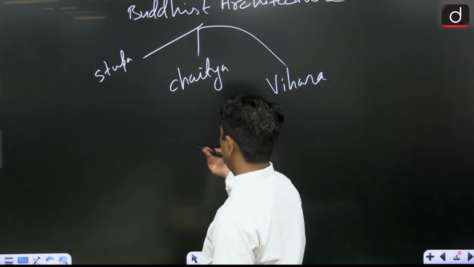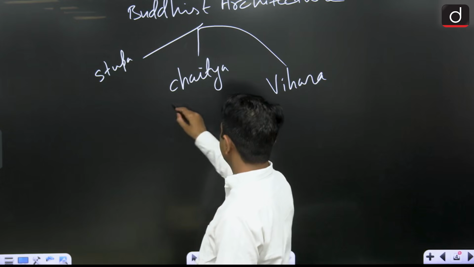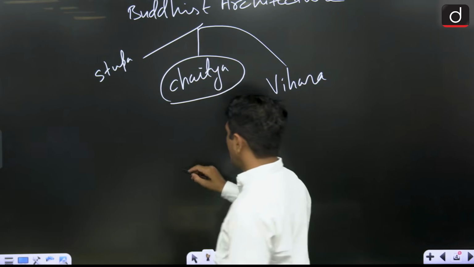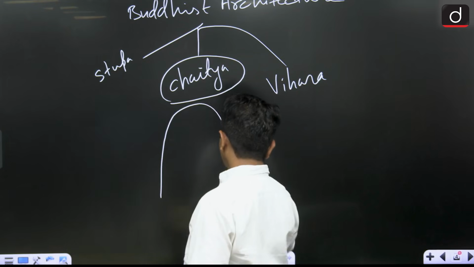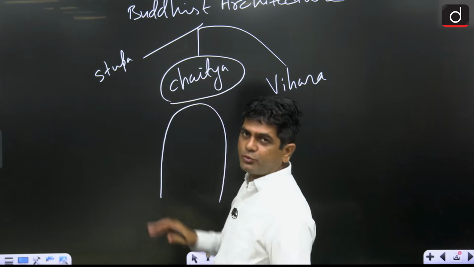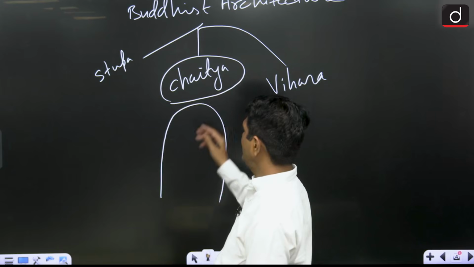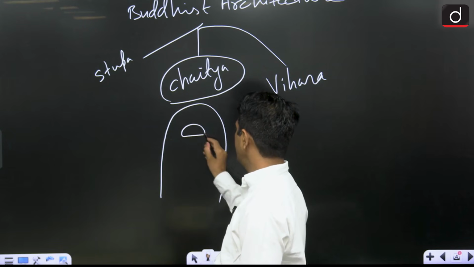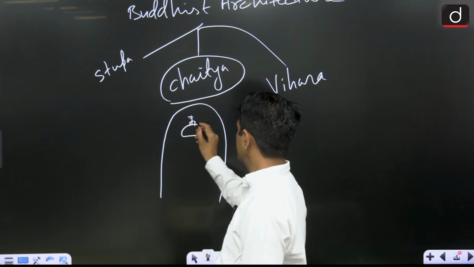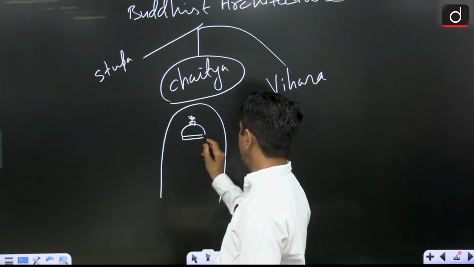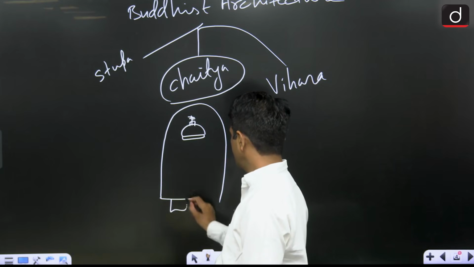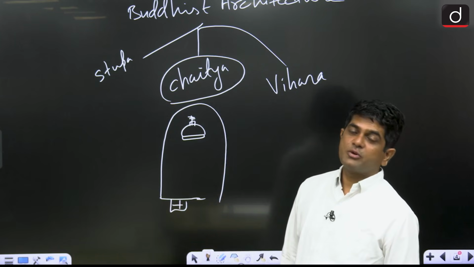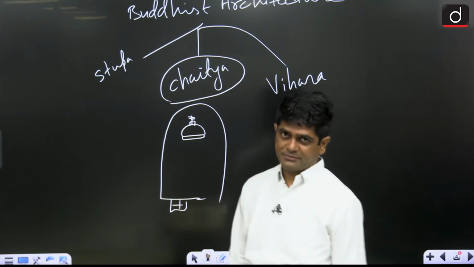Chaitya is a kind of prayer hall. And towards the rear end of the prayer hall, we have a Stupa as well. So Chaitya represents what? A prayer hall.